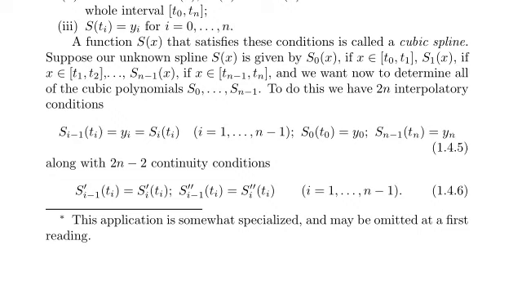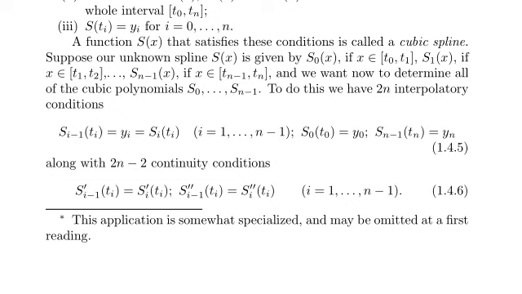So providing the derivatives are the same at the joins, then S will have a continuous derivative and a continuous second derivative, because cubics always have a continuous first and second derivative. So providing they join, it's going to be continuous, because it's continuous everywhere else.